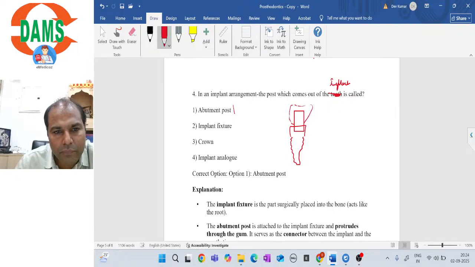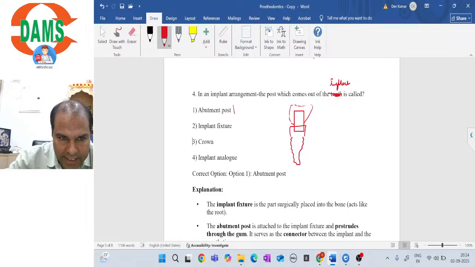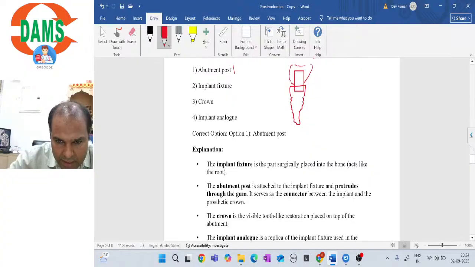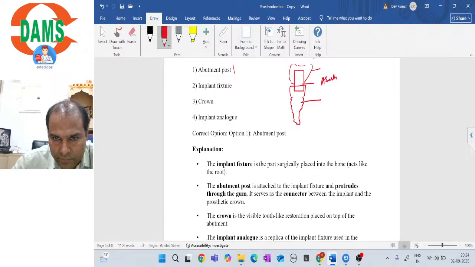The abutment is connected to the implant and acts as a connection between your teeth and implant, your crown and implant.